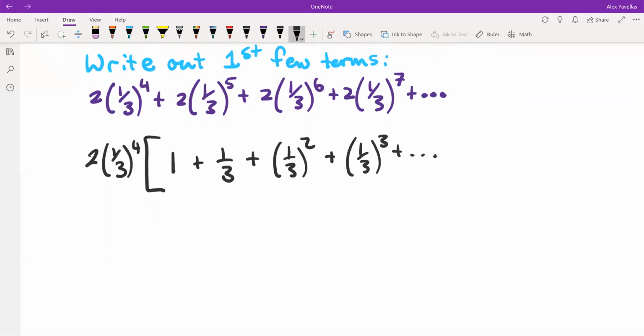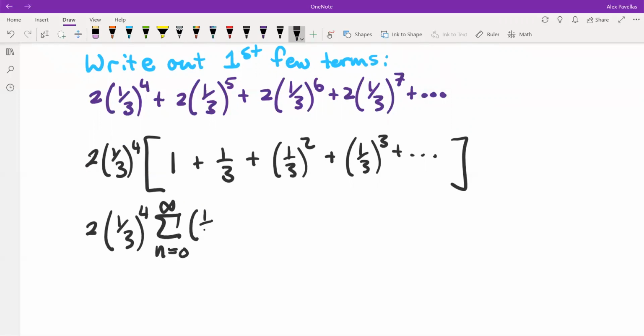And this thing in the brackets here can be rewritten as just your regular geometric series, where the r is 1/3, and we just have this extra constant out here, 2 times 1/3 raised to the 4th times the sum as n goes from 0 to infinity of 1/3 to the n.